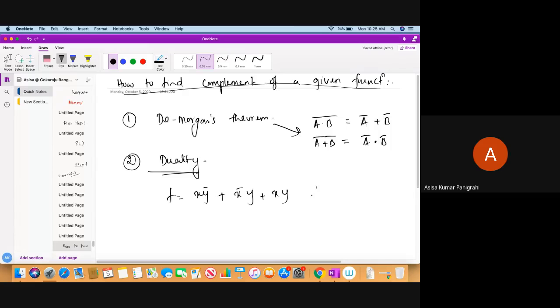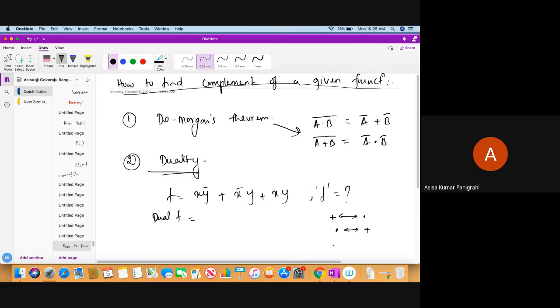You need to find F bar. So first you need to know how to find dual F. Dual F is nothing else, you just change the operator, interchange the operator. If any identity element is also present, you have to interchange it. Okay, what is the dual? Dual means you have to interchange OR with dot, and dot with OR.